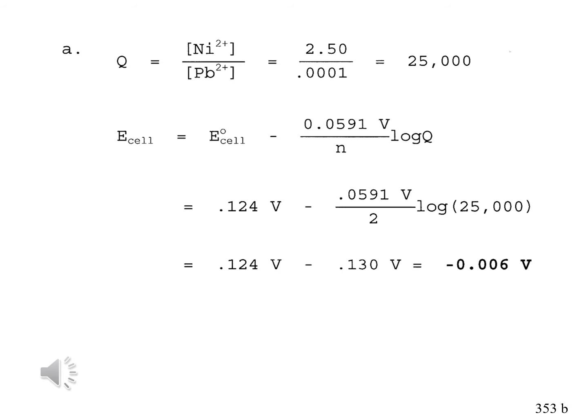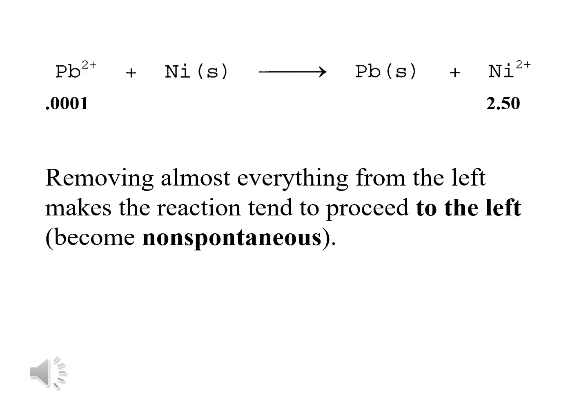And then you plug in the Nernst equation, the voltage we calculated, 2 electrons crossed out, and 25,000 for the Q. When you do that on your calculator, the voltage is now negative, which means it changed from spontaneous to non-spontaneous. This slide shows that since you removed almost all of the lead ion on the left, you would expect the reaction would proceed to the left, and it did.